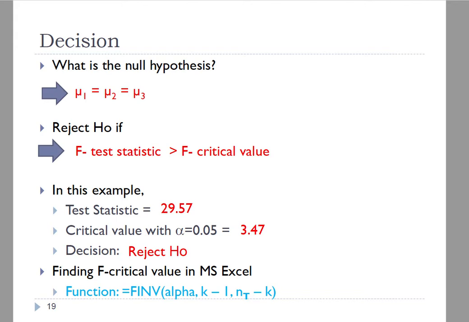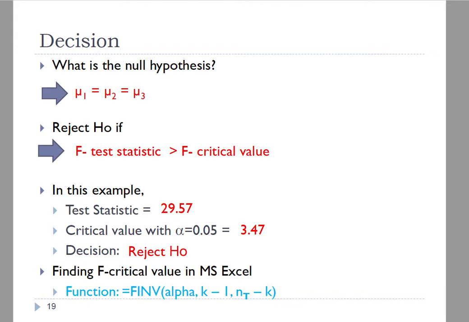Okay, so how do we make our decision? Let's go back to our ANOVA rejection rules. I'm going to repeat this again. If the F value, that test statistic, is much larger than the critical value, we reject the null hypothesis of equal population means, and conclude that there is a statistically significant difference among those means.